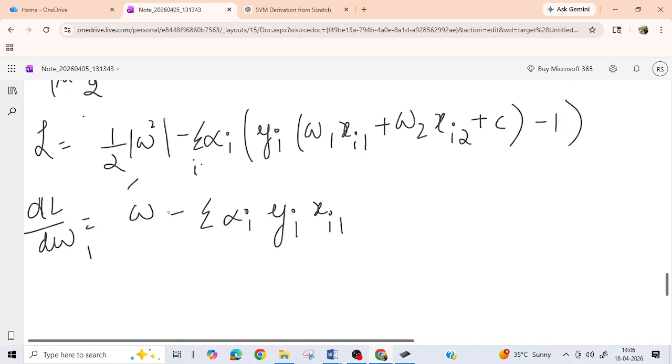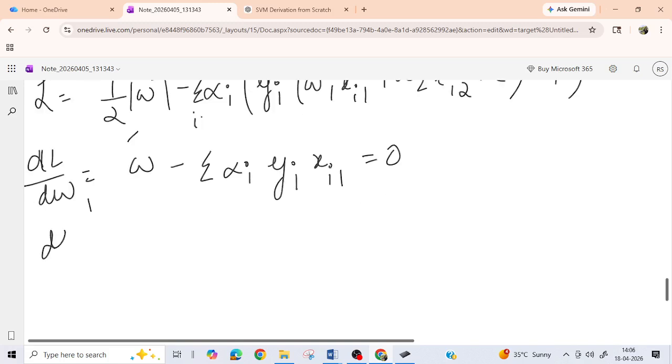So it would be this, right, minus this alpha yx, and then it would be equal to 0. Okay, and then we differentiate it with respect to w2, you will get the same thing, minus alpha i yi xi2, equal to 0.